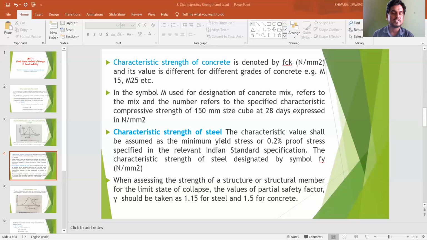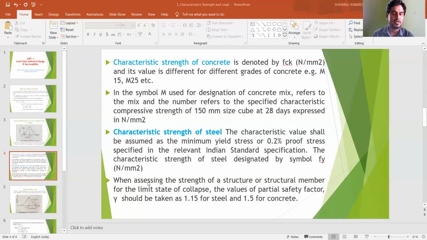As we have seen in the stress strain curve for mild steel, the characteristic strength is the minimum yield stress for mild steel, or for other grades like Fe415 or HYSD bars, 0.2% of the proof stress. It is designated by the symbol fy and also expressed in Newton per mm square. These two are about the characteristic strength of steel and concrete.